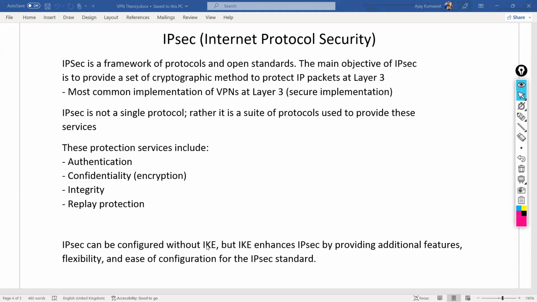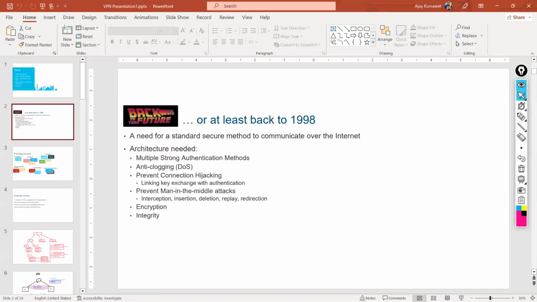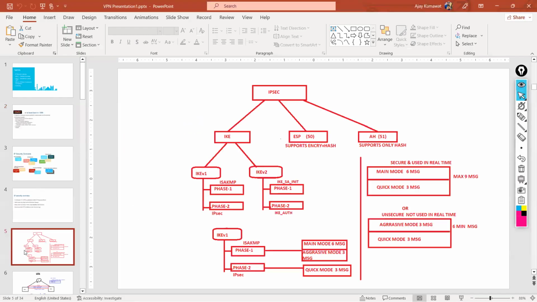Now IPSec can be configured without IKE, but IKE enhances IPSec by providing additional features, flexibility, and ease of configuration for the IPSec standard. So if we talk about IPSec, you can see in this diagram that it is a collection of these three protocols: IKE, ESP, and AH.